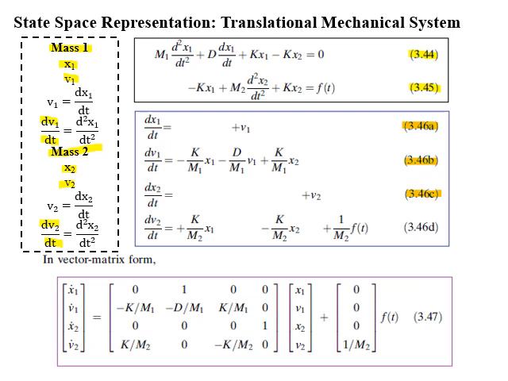As this system is linear, so we can also represent its state space form in vector matrix form, given in equation 3.47.